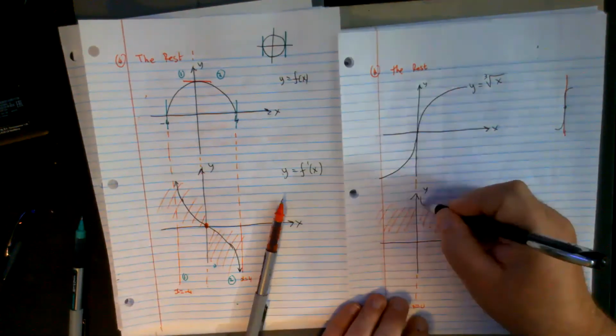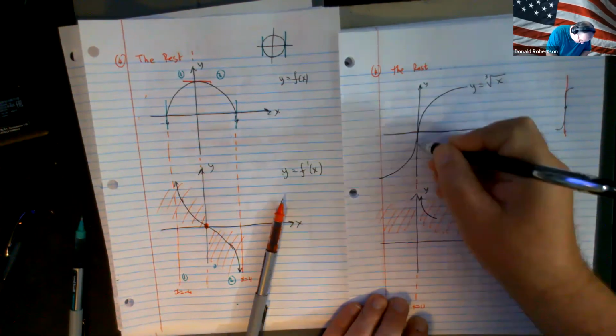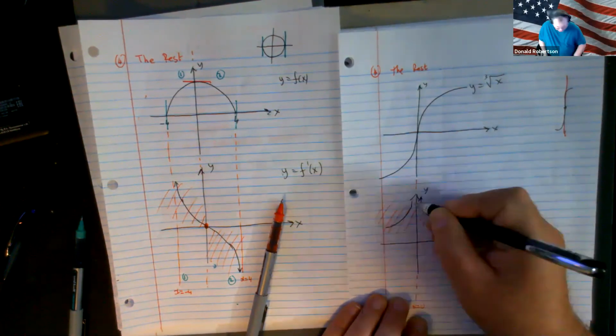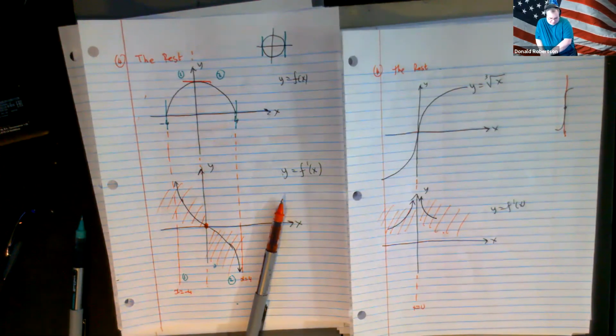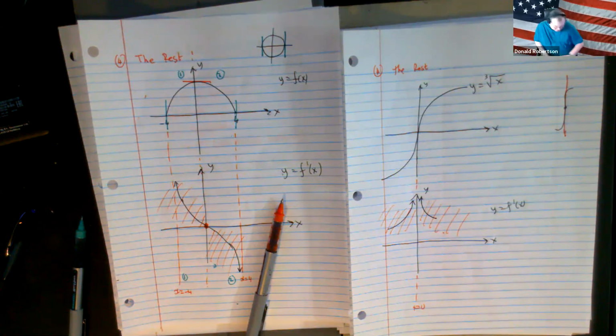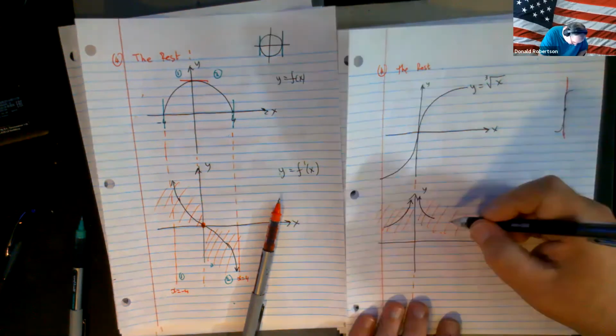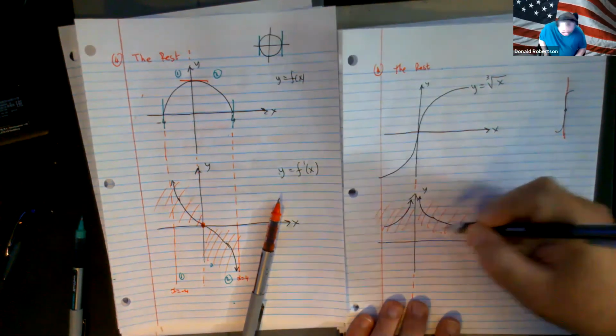You get a vertical asymptote. And on this side, you get a vertical asymptote. So something like the cube root of x has a vertical asymptote. I guess I could make the curve go a little bit further, something like that.